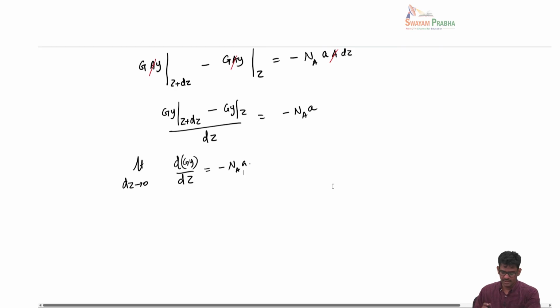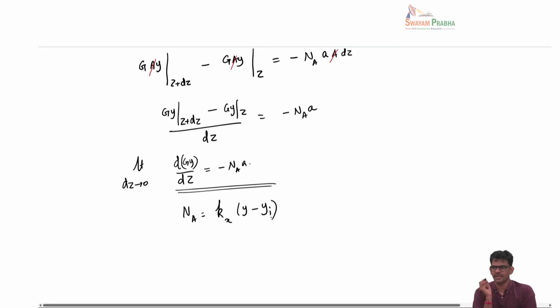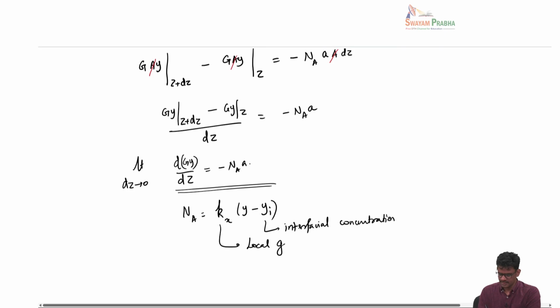Now at this point, to move forward, we have to define what Na is. For absorption we can use Kx (y minus Yi). Yi is the interfacial concentration in terms of mole fraction, and Kx is the local gas phase mass transfer coefficient, MTC.